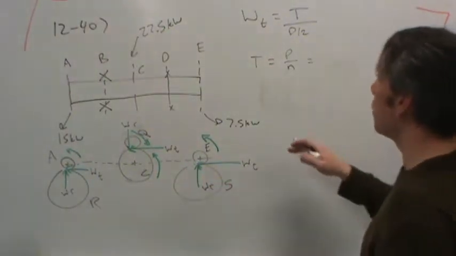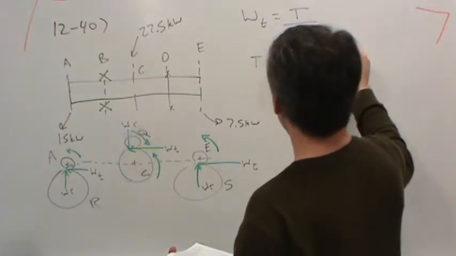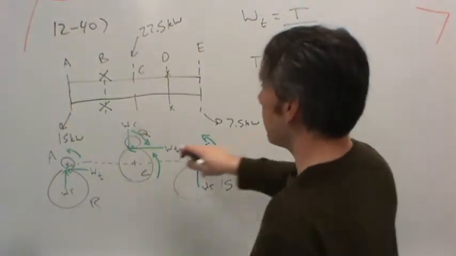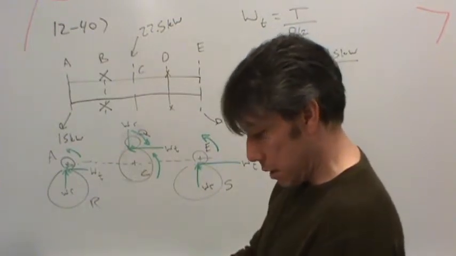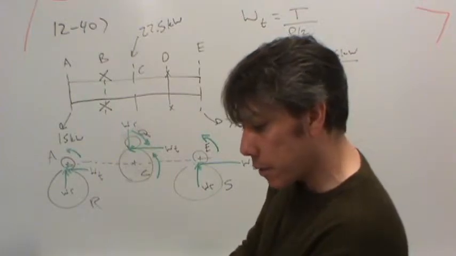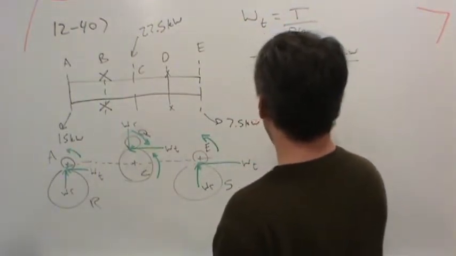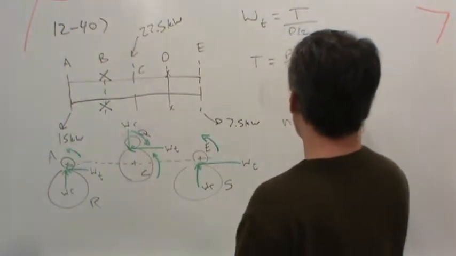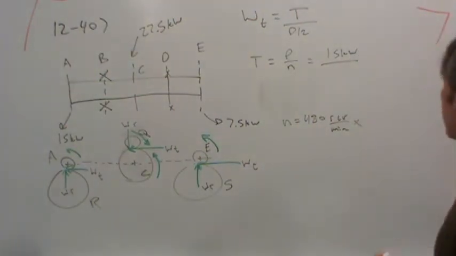Okay? So for example, if we wanted the torque between A and C, what we'd have to do is take 15 kilowatts and divide it by the speed. Now the speed was given in RPM, if I remember right. Wasn't it 480? Yeah, 480 RPM. So I'm going to convert that from the very beginning. The speed at 480 revolutions per minute, I'd want that in radians per second instead.